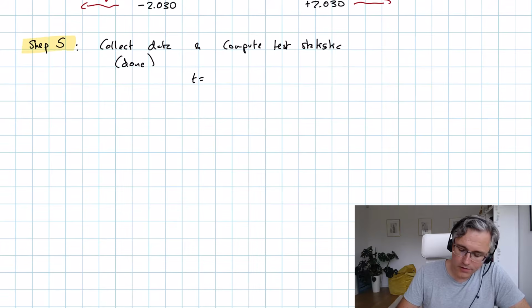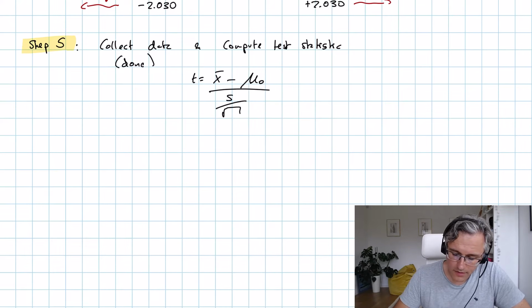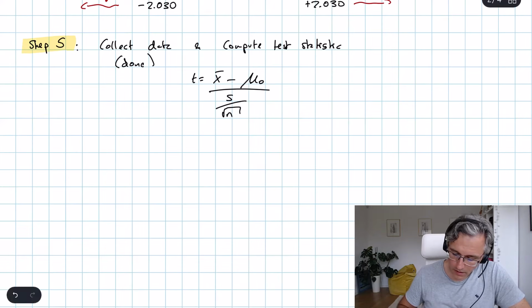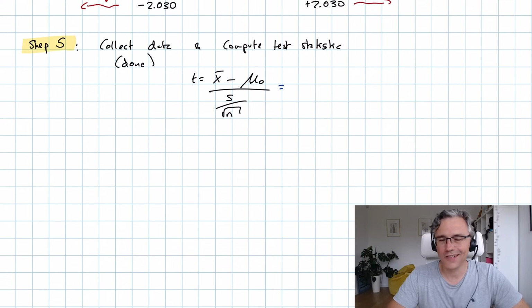T will equal x bar, the sample mean, minus the hypothesized mean, which was 3.5 grams, divided by S, the sample standard deviation, divided by the root of n, sample size. That's why I chose 36 as my sample size, because that makes for a nice square root 6.